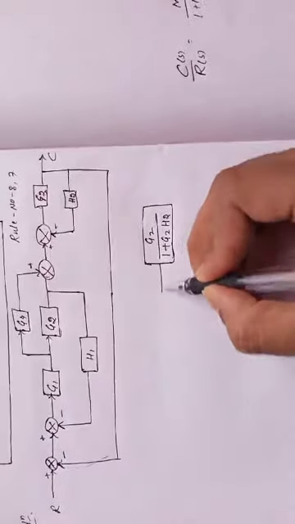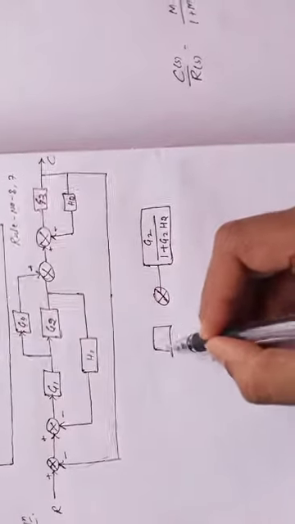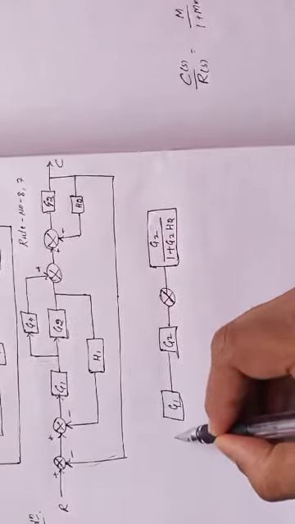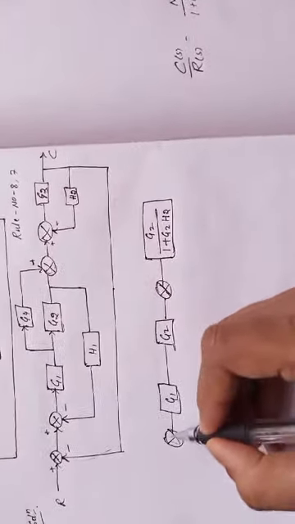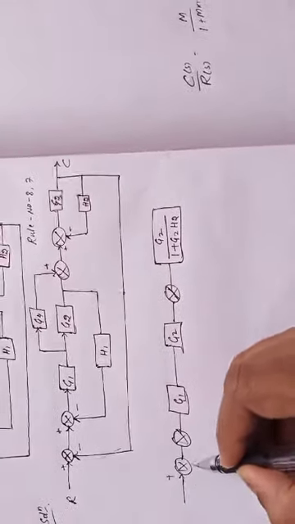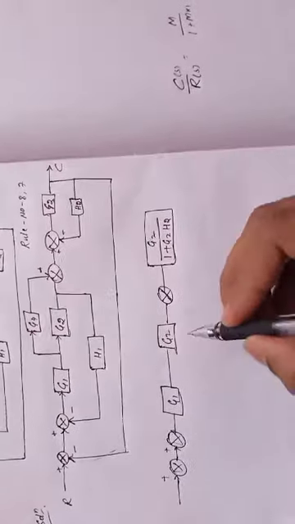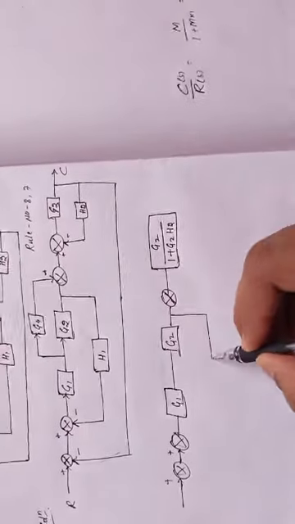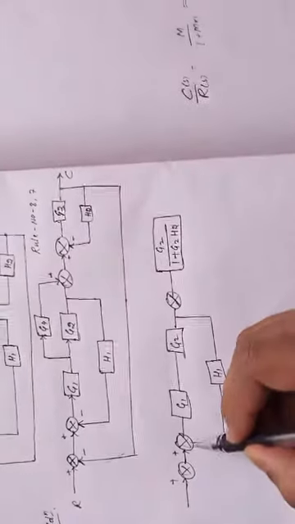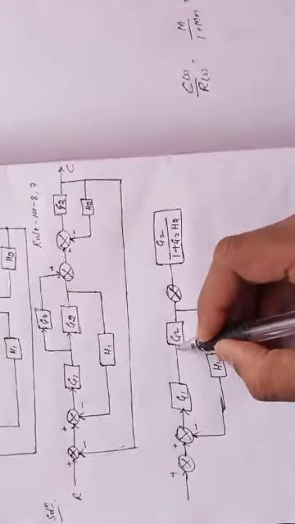The remaining I write as it is here, the G2 signal and G1, and this is a summing point and one more summing point here. While writing, you concentrate on the plus minus signs, and here this is feedback with H1, negative feedback it is.